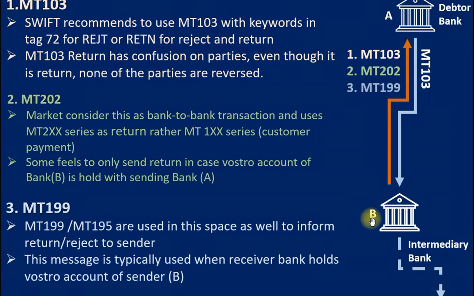There is no need to reply back with 202. So depending upon whether bank B holds the account, they send only 199. In case it is held by bank A, then they send both of them. So it is a mix. Typically three messages are used: 103 recommended by Swift, 202 because some consider it an FI to FI transaction, and 199 because some want to consider it just information, because the account is held with me and I have the right to reject.